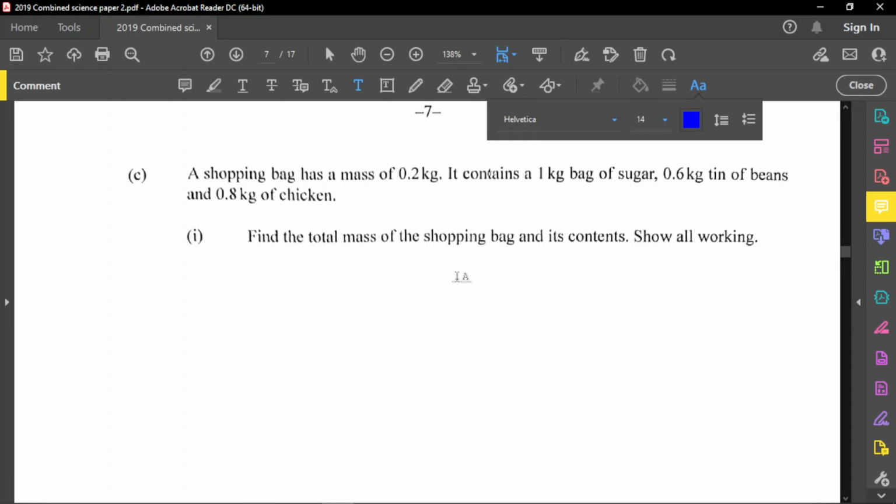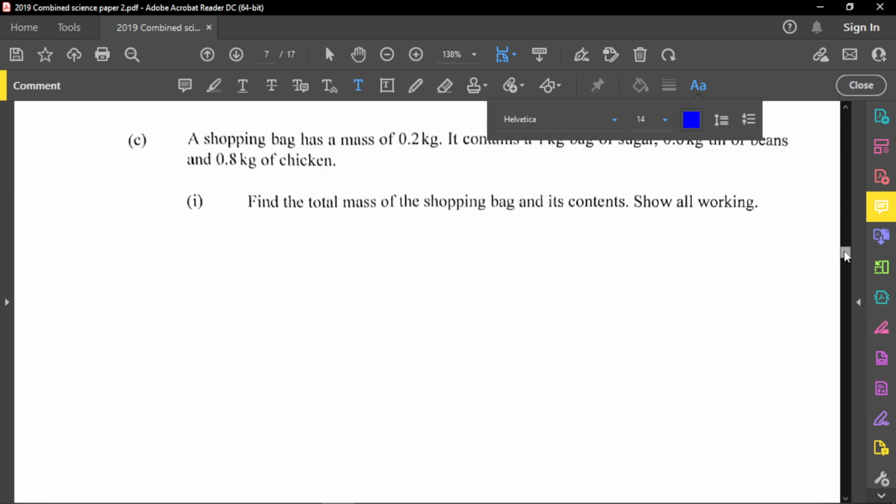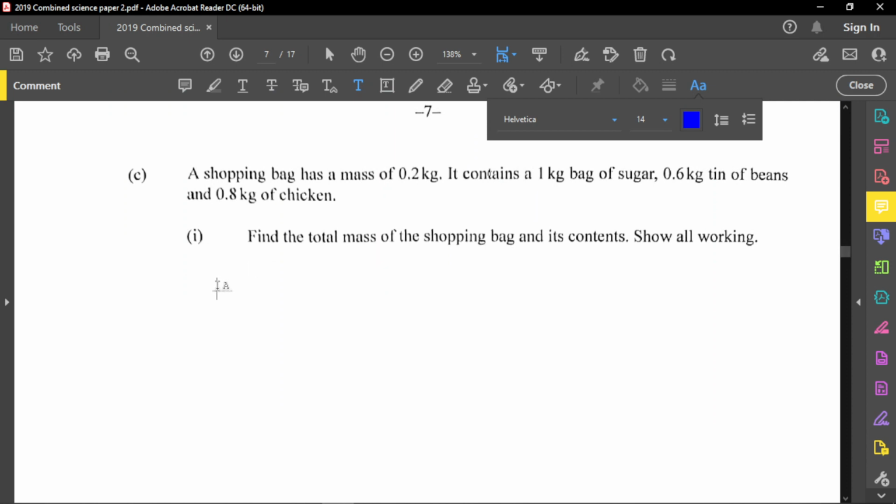All right, so this is easy mathematics for you, easy giveaway marks. I say you can earn this mark quite easily. Nothing too hard, because all it asks us to do is find the total mass, and for the total mass we're going to add all of these masses together. So we're going to say 0.2, which is that of the shopping bag itself, plus the contents. In the contents we have a 1 kg bag of sugar, so plus 1 kg.